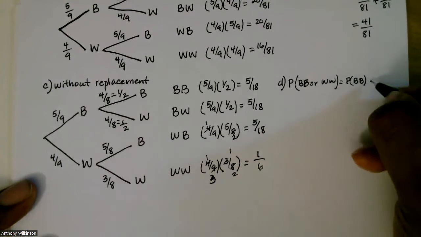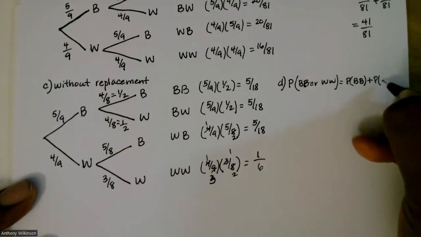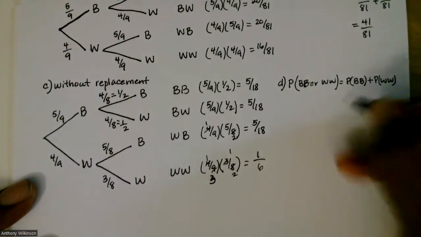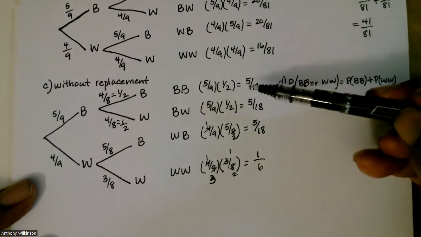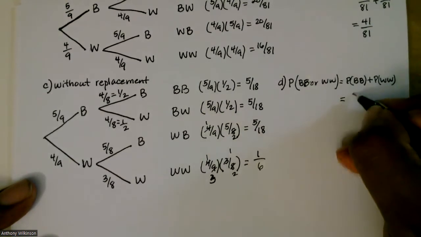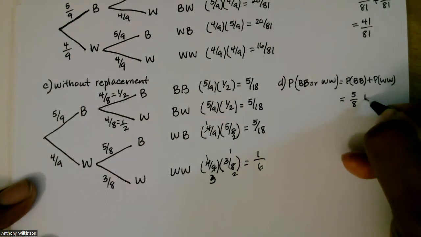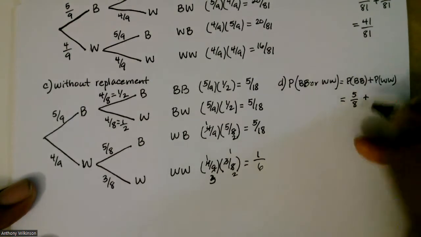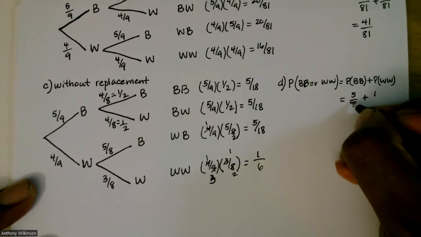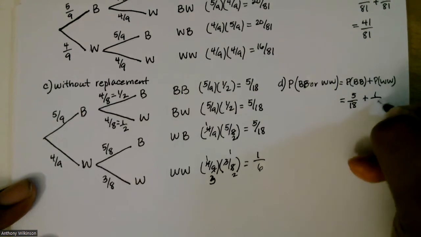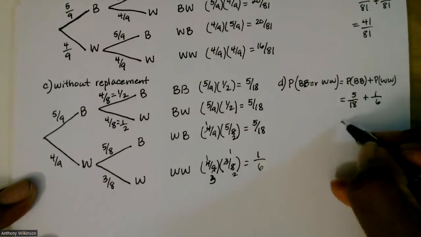So it'll be the probability of a black and a black plus the probability of a white and a white. The probability of a black and a black is 5/18, plus the probability of a white and a white, that's 1/6. So 5/18 plus 1/6.